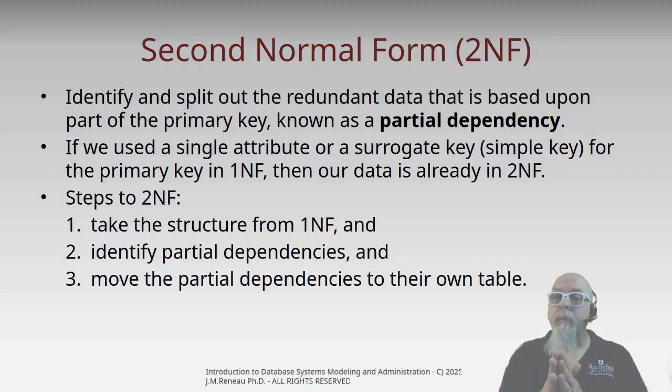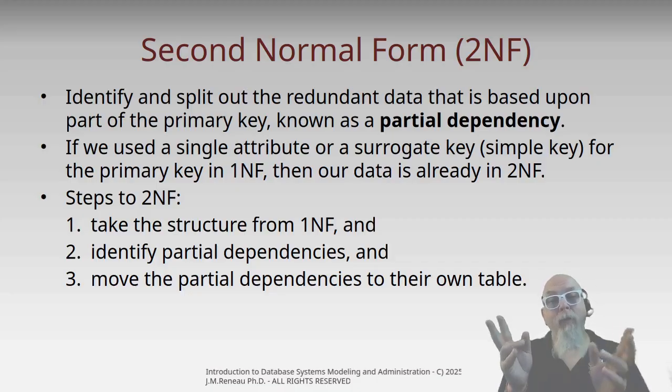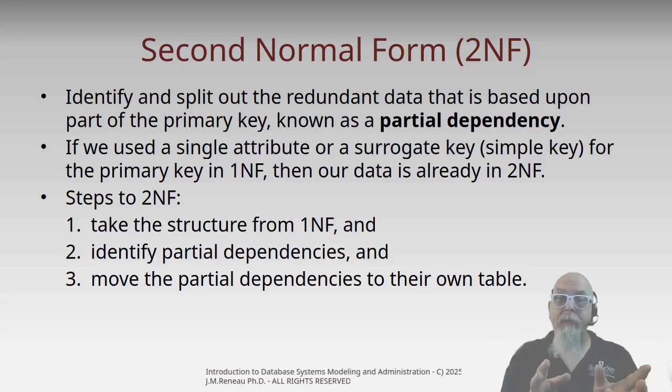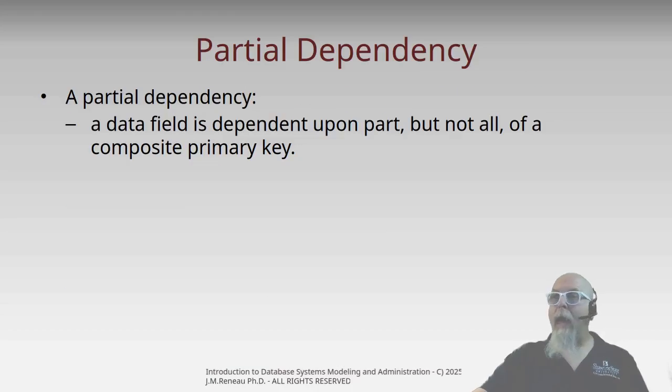If we put a surrogate key in first normal form, we're already in second normal because there are no partial dependencies. And so that's second normal. I just want to stress this again: a partial dependency is a data field that's dependent on part but not all of a composite primary key, of a concatenated primary key.